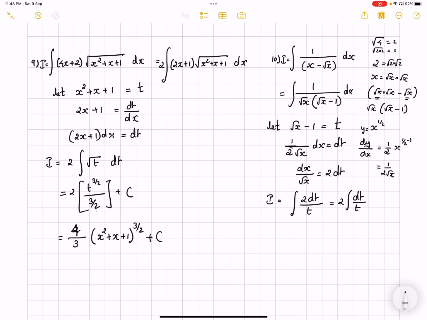And we know which integration formula we would be using. So here I would be getting ln of mod t plus c. So it's going to be 2 times ln of, what is the t actually? t is nothing but root x minus 1, plus c. So with this, the problem gets over. This is how we would be solving it. So in the next video, we will solve 10 more problems under the substitution method. Thank you guys.